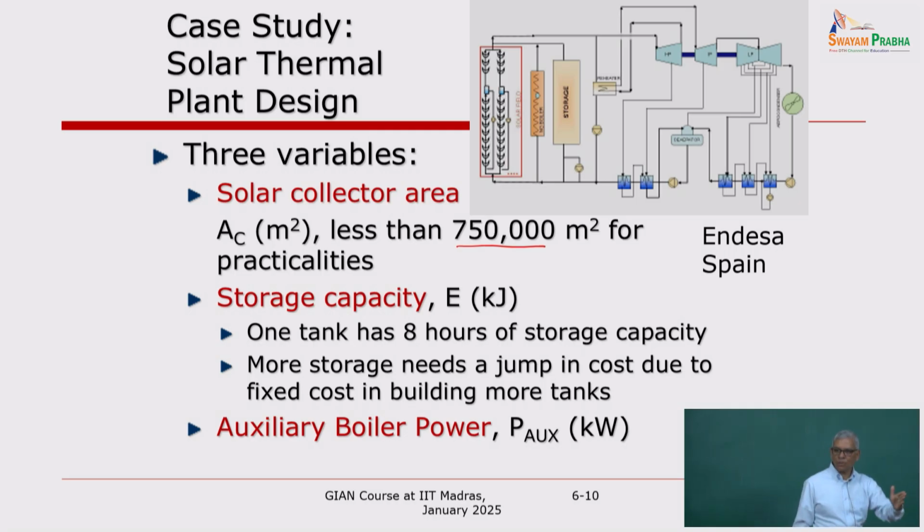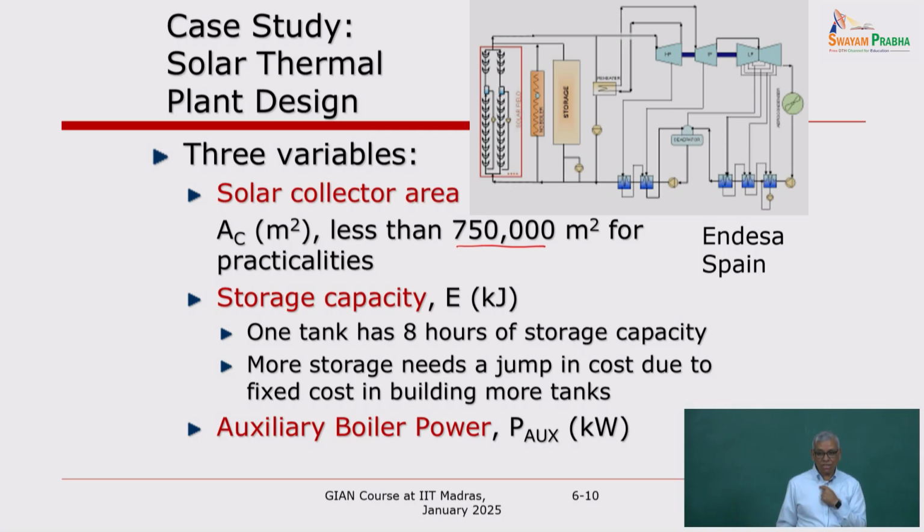It could be zero as well. And then the storage capacity. Once you get that solar power, you have to store it because it's a grid system, and then you have to supply. This comes with different tanks. They didn't tell me the details, but every tank can store about 8 hours. So if you need more than 8 hours of storage, you need a second tank.